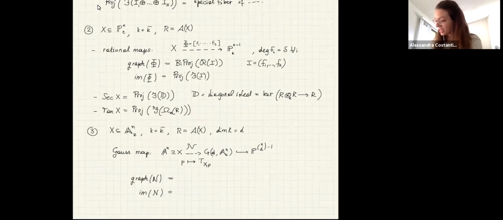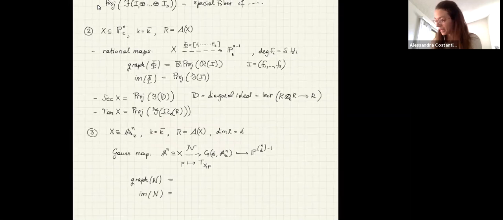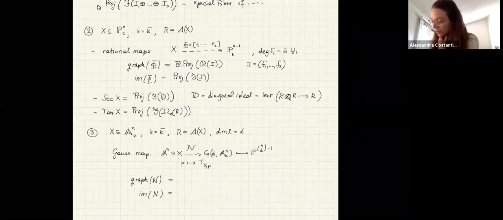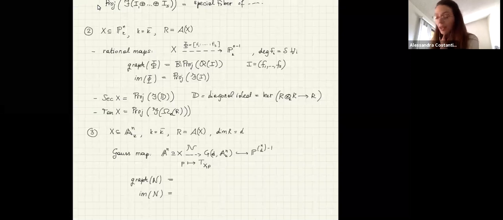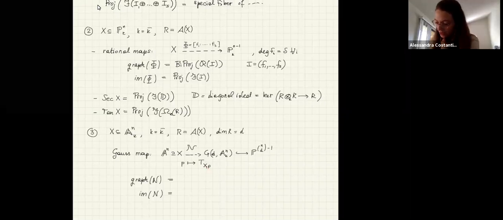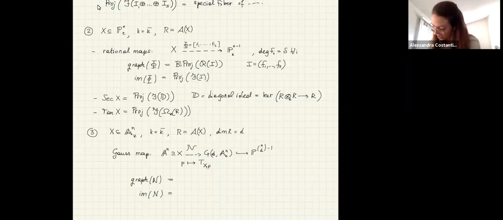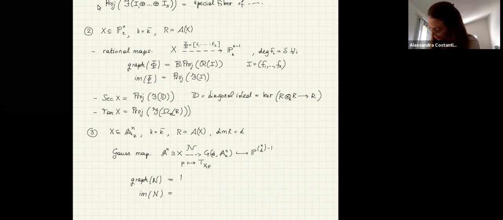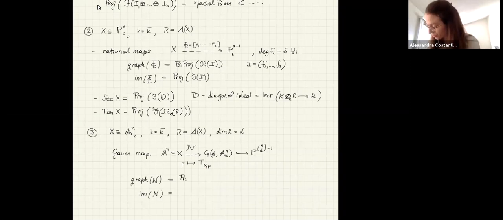Finally, another example, again a rational map, but in this case it corresponds to Rees algebras of modules that are not ideals, and it's the Gauss map that associates to every point the tangent space at that point. So in this case, the graph of the Gauss map is the biprojective spectrum. Sorry, this is affine, so this is just the projective spectrum of the d-th exterior power of the module of differentials.